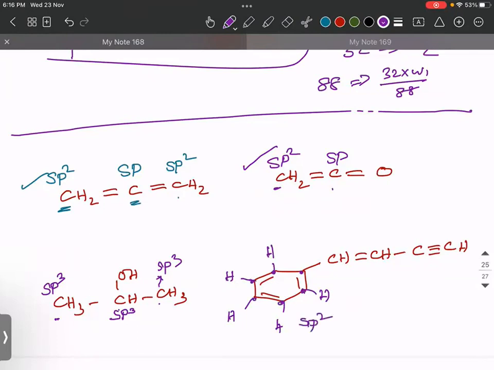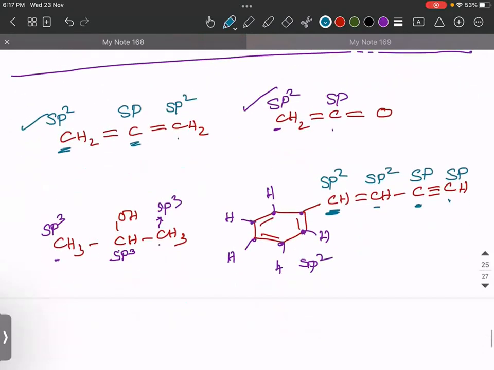Don't forget it. Now tell me the hybridization of this carbon. Next one. Only sp. That is carbons 1, 2, 3. Then this one, that is only 2 atoms.